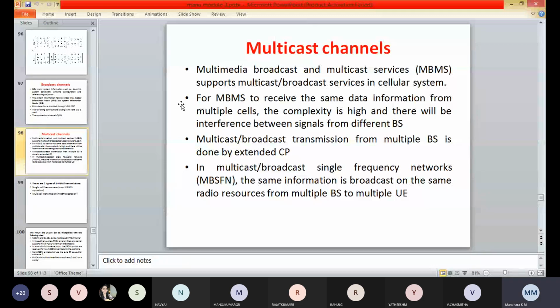So next we have multicast channels. Here the multimedia broadcast and multicast services, that is MBMS, which was introduced in 3GPP Release 6 for the E-UTRA, supports multicast and broadcast services in the cellular system.